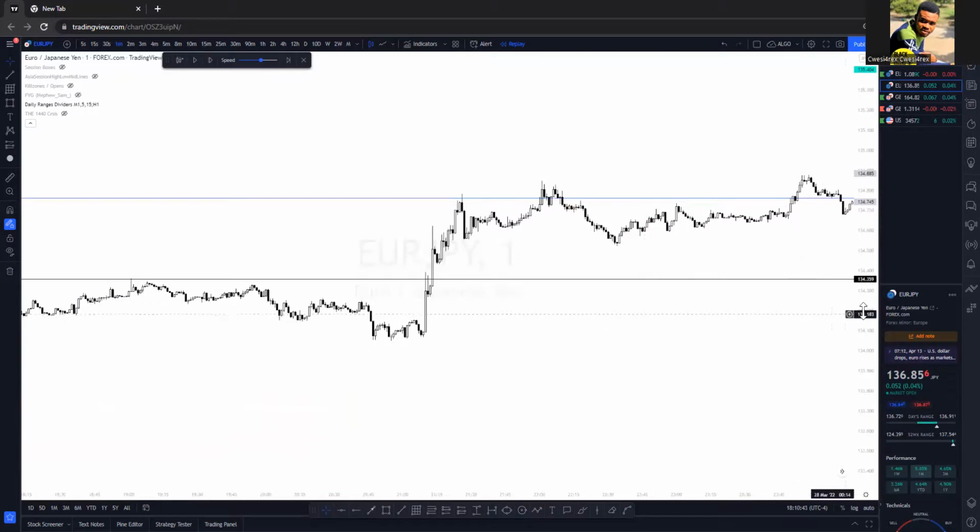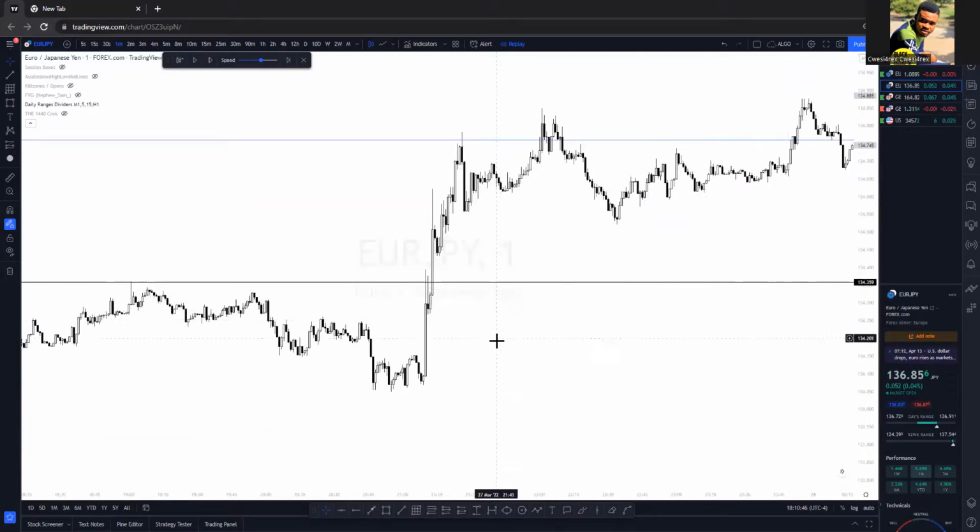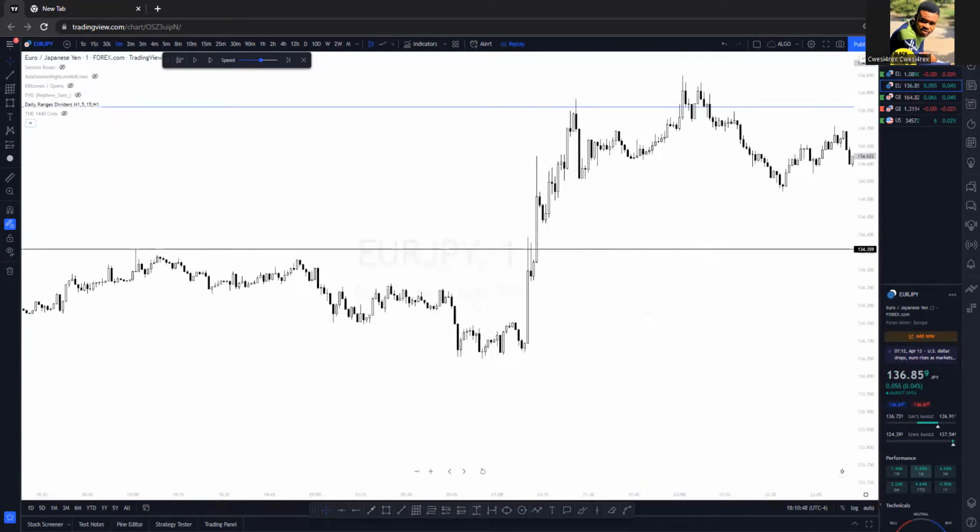All right, good. So in the 1 minute, you can see we have this nice order block over here. In the 1 minute, it matches with the bigger time frame stuff, so it becomes a nice order block for us to use.